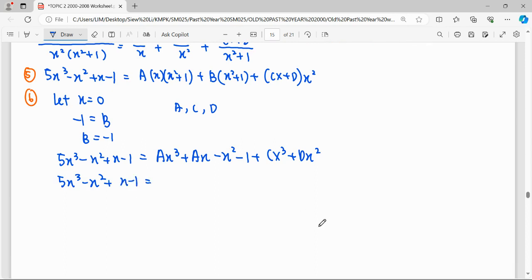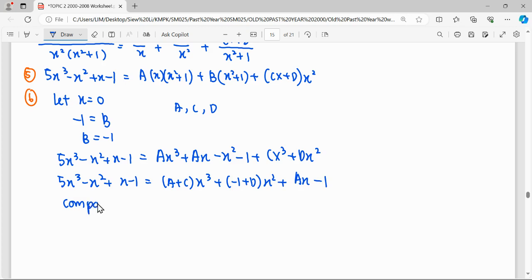So we collect back the x cubed term, it will be A plus C for x cubed. For the x squared term it will be negative 1 plus D. Linear only has Ax, and the constant is negative 1.